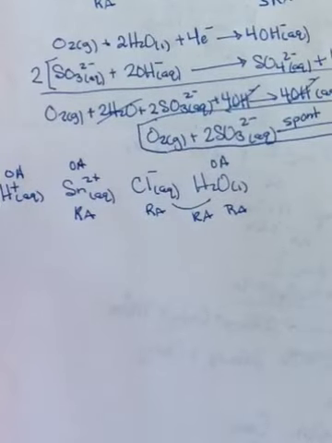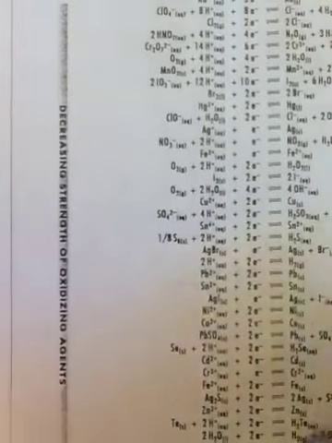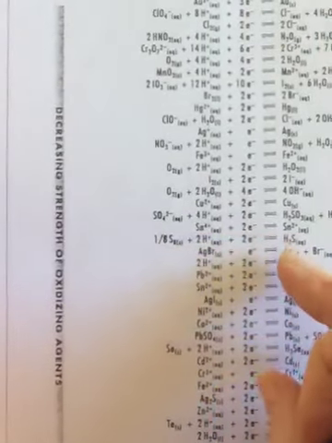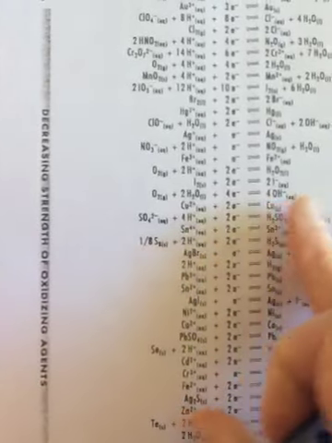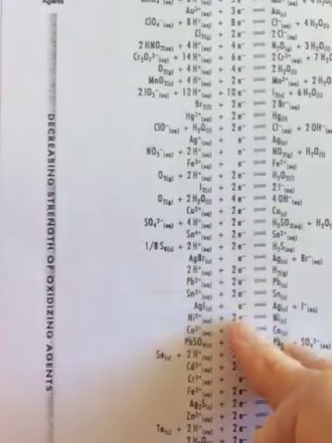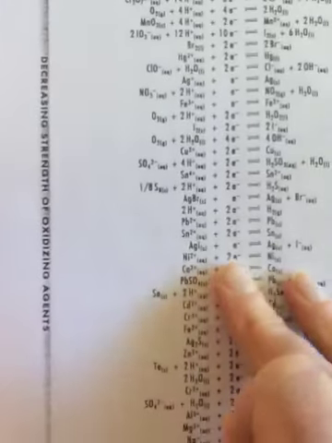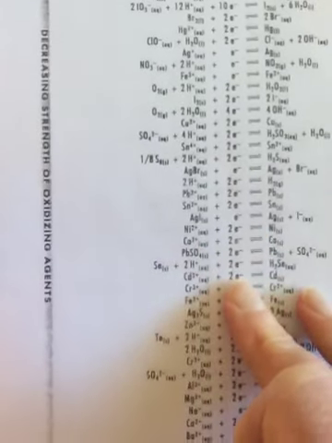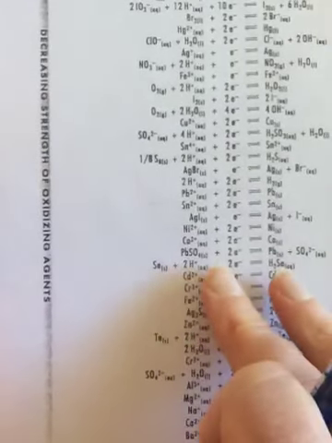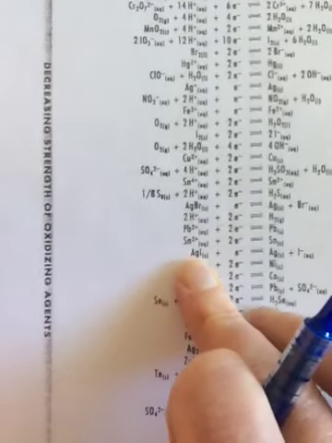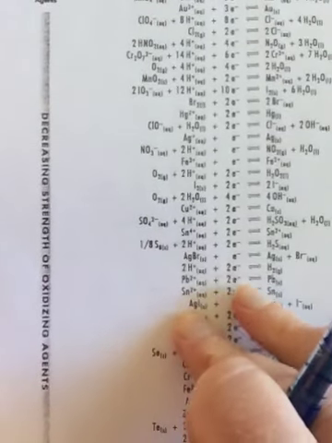For the oxidizing agents, it's going to be the one I can never find, because when I set this down in front of me I never know what part of the chart I'm on. It's the H+. So it should be above this.